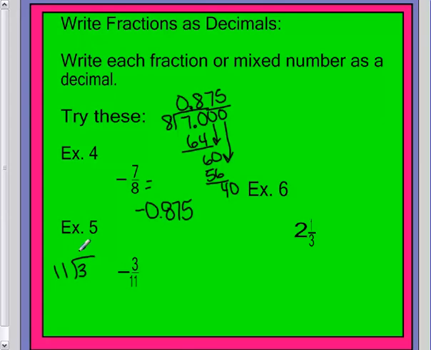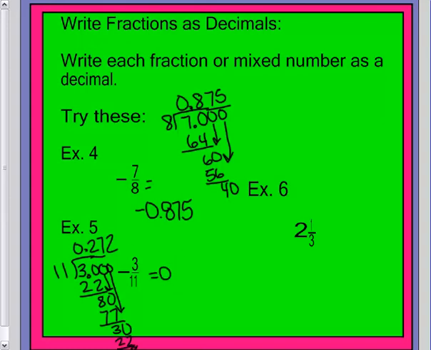Over here, 11 goes into 3, clearly no times, but it does go into 30 twice, which would be 22. We're left with 8. Bring down a 0, 80. Goes in 7 times, 77, 3. Okay, so 11 goes into 30 2 times, 22, 8. Okay, what are you seeing here? It's going to repeat the 2, 7.